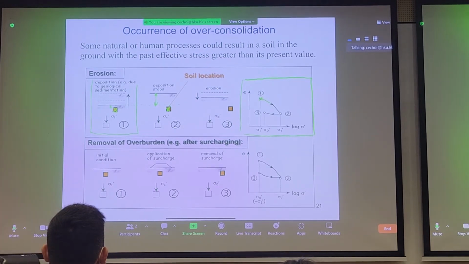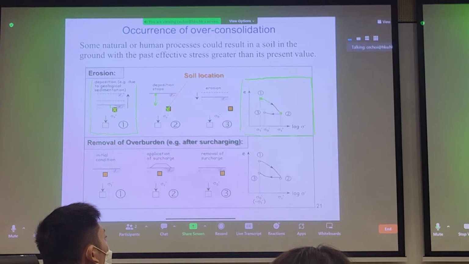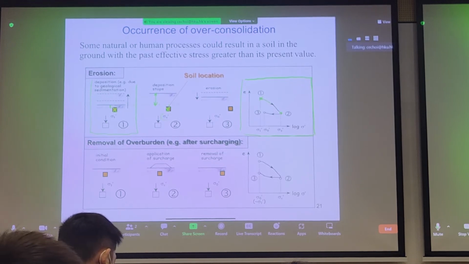And now it has a very large thickness of overburden on top of it. So you reach this point, and point 2, if nothing else adds to the stress on top, will become your high stress level experienced by this soil element, making it your pre-consolidation pressure. And it's denoted as sigma prime, subscript C.